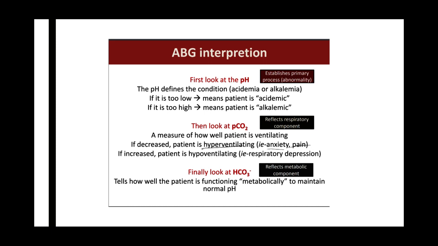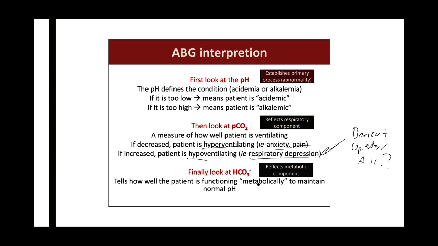If it's increased, that means the patient is retaining CO2, so they're hypoventilating. Respiratory depression would be an example. And remember what kinds of overdoses can cause those: benzos and opiates. And I think alcohol is also a respiratory depressant. Yeah, I think that's right.